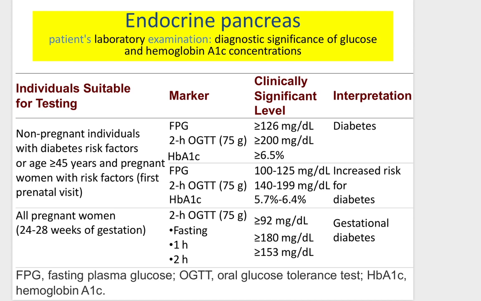When it is a little bit less, a middle range, it tells you about pre-diabetes or increased risk of diabetes. And typical changes of this test for gestational diabetes. All of it you see in this table.